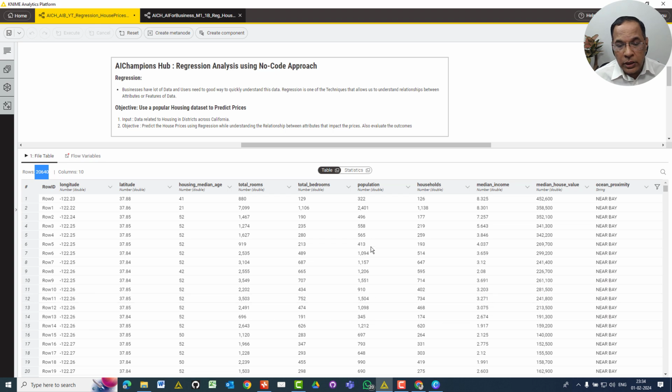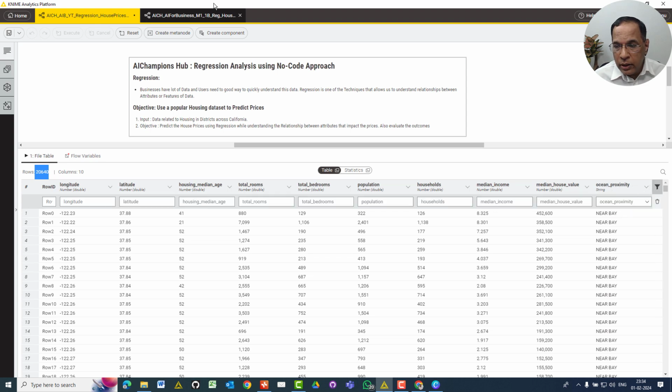In some cases it's high, some cases it's low, number of households, I mean, how many families are there or whatnot. Then we talk about median income, median house value, and then proximity to ocean, or proximity to bay, and all of this.